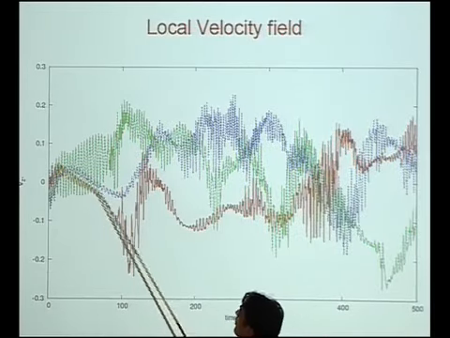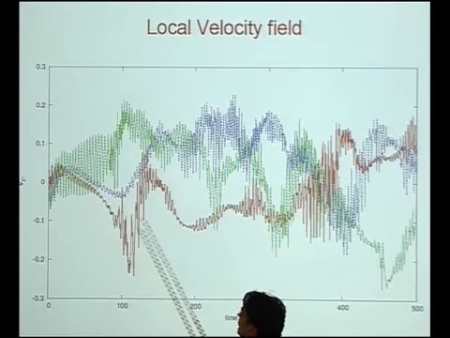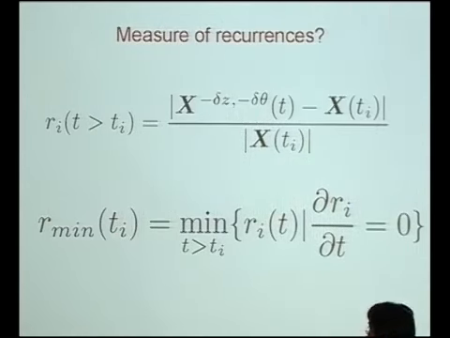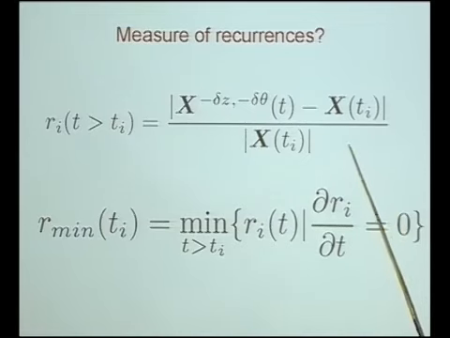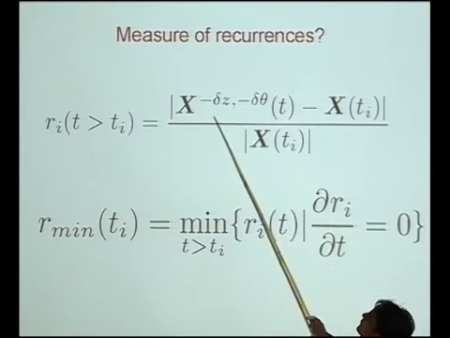So the idea is to say, well, maybe here we are approaching some kind of traveling wave motion, and the flow looks more recurrent. So we need a way to measure these recurrences along the same trajectory. So to do so, this is a state space formulation.